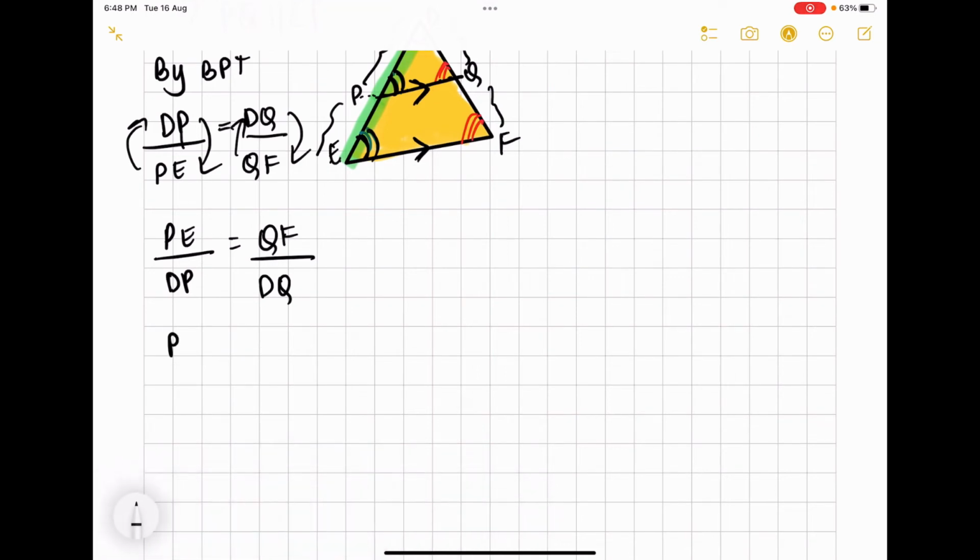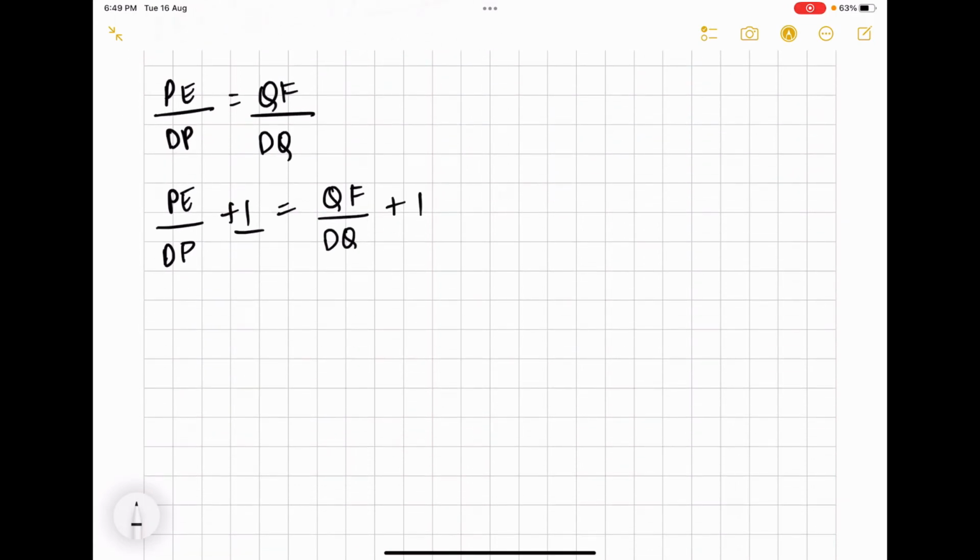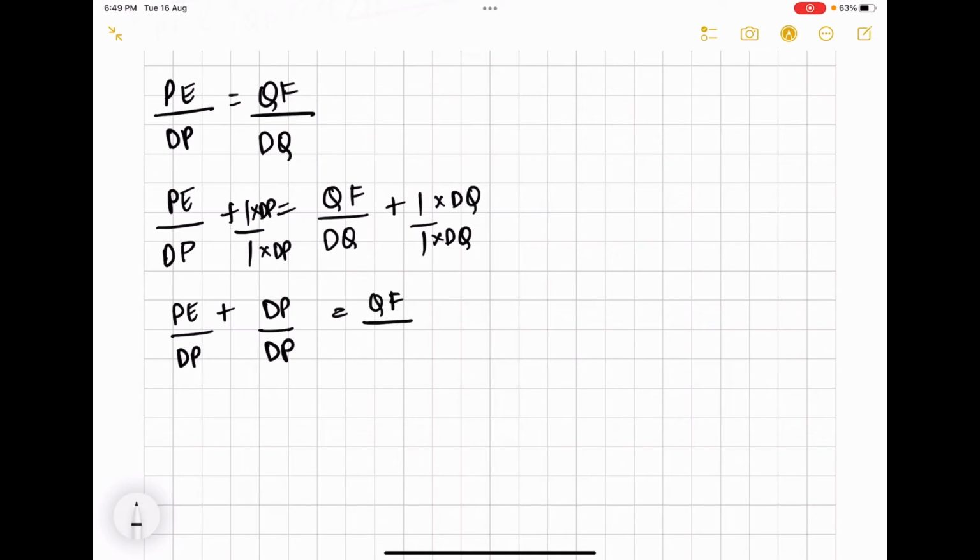Let me add 1 on both sides. Okay, now we will have to take LCM. The LCM of DP and 1 is DP itself. So I will get PE by DP plus DP by DP, QF divided by DQ plus DQ by DQ.